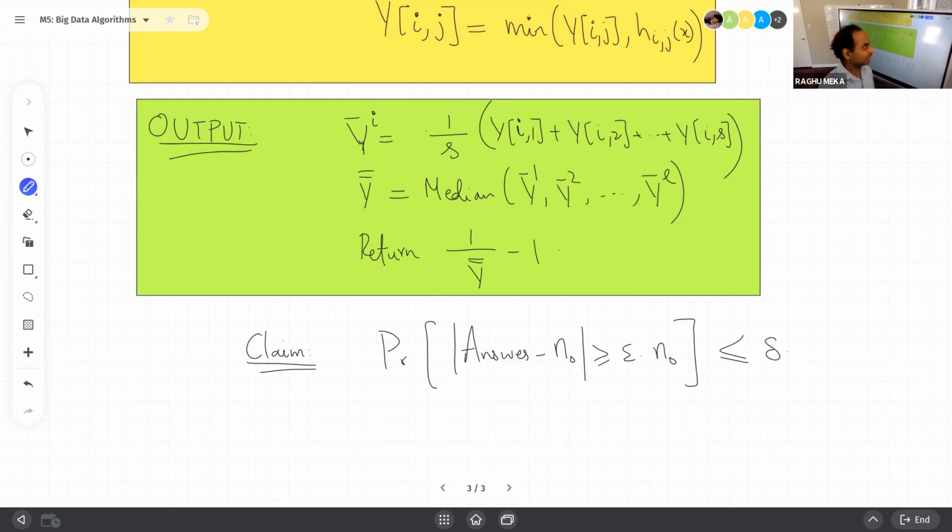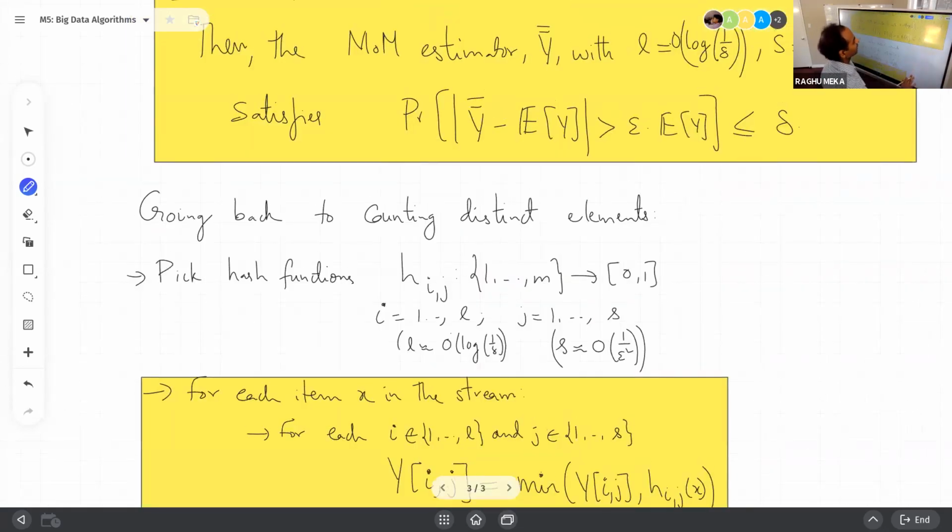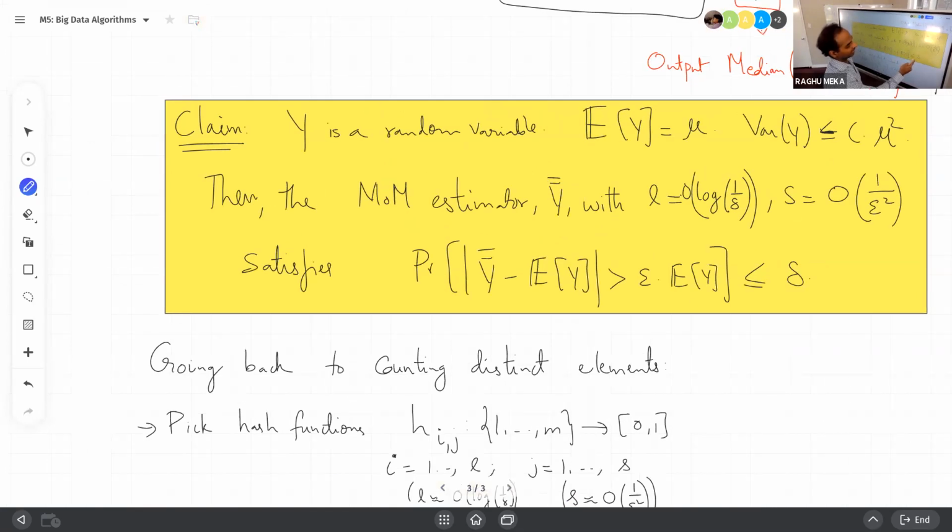Here the reliability is exponential in L, whereas if I just took L to be 1 and mean of everything, then I just get reliability which is something like 1 over L and nothing else. And if I don't do the mean and just took the median overall, then you'd still be getting something linear like 1 over L and not much better, right?